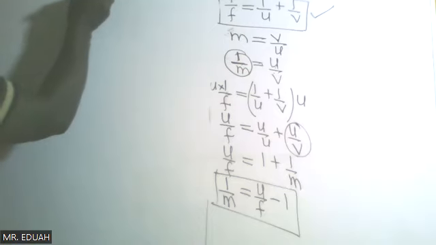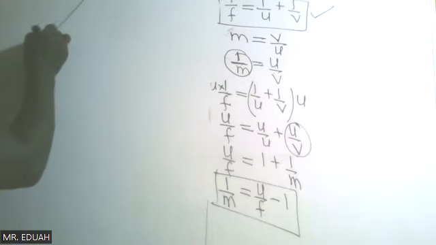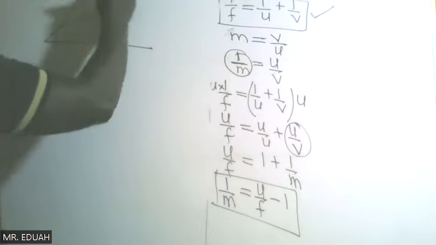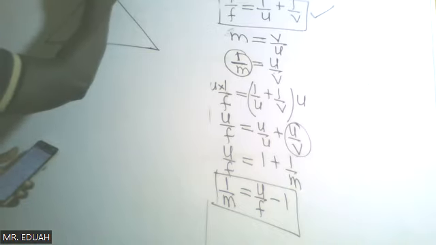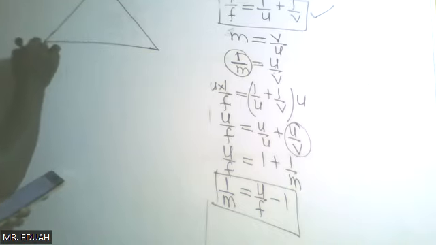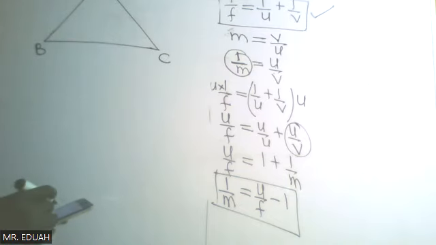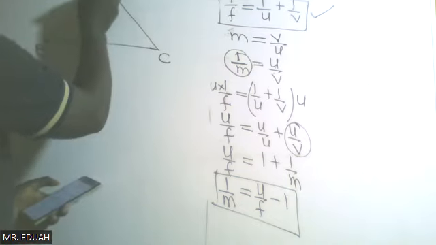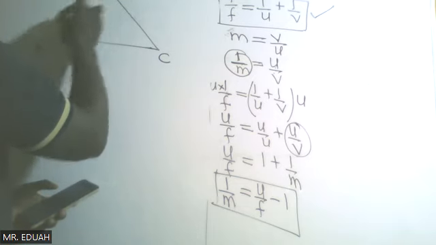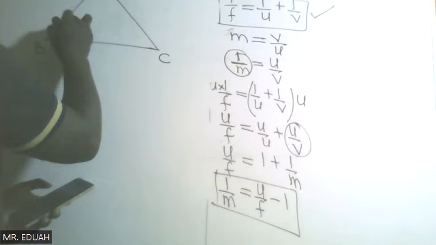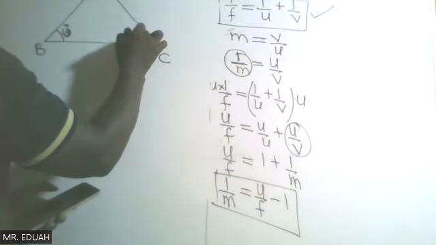Figure 3.0 illustrates a ray of light incident on one face of an equilateral triangular prism. So we have an equilateral triangular prism, A, B, C, with 60 degrees, 60 degrees, 60 degrees.